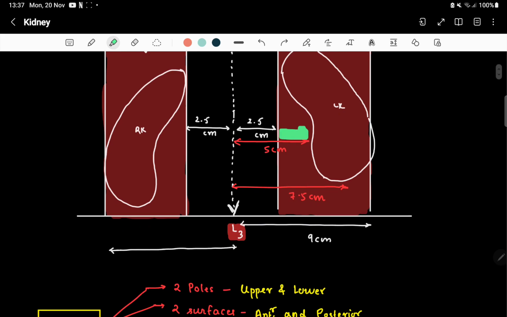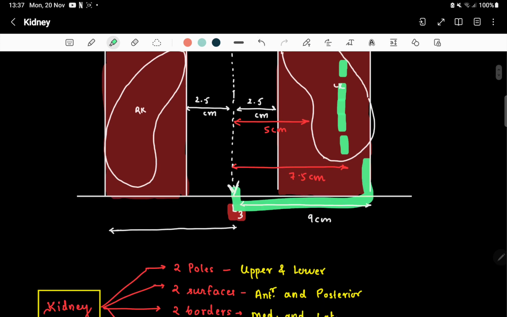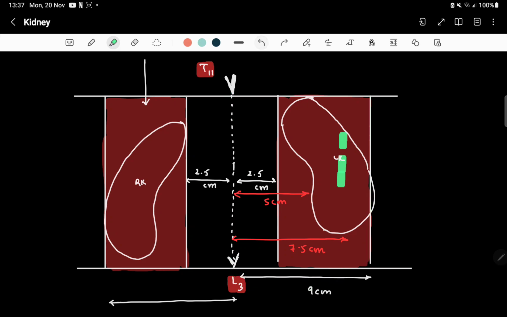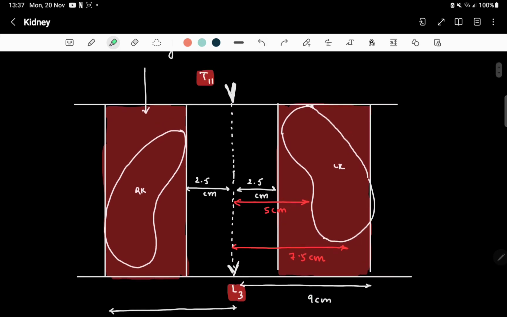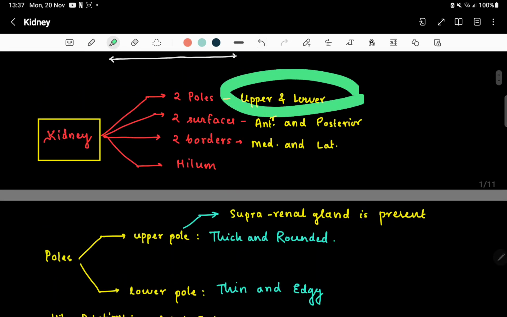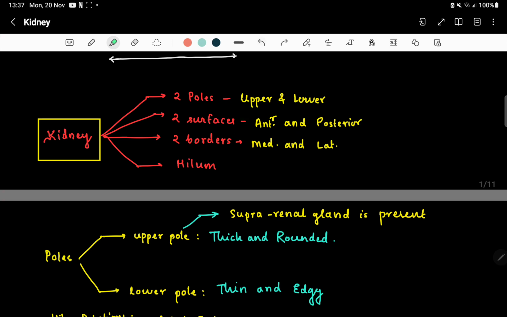So this length is 2.5 cm again, and this whole part is 7.5 cm. Accordingly, this box will be about 9 cm. So this is the Morris parallelogram, which encompasses the kidney. The kidney has two poles, the upper pole and lower pole, two surfaces, anterior and posterior, two borders, medial and lateral, and a hilum.